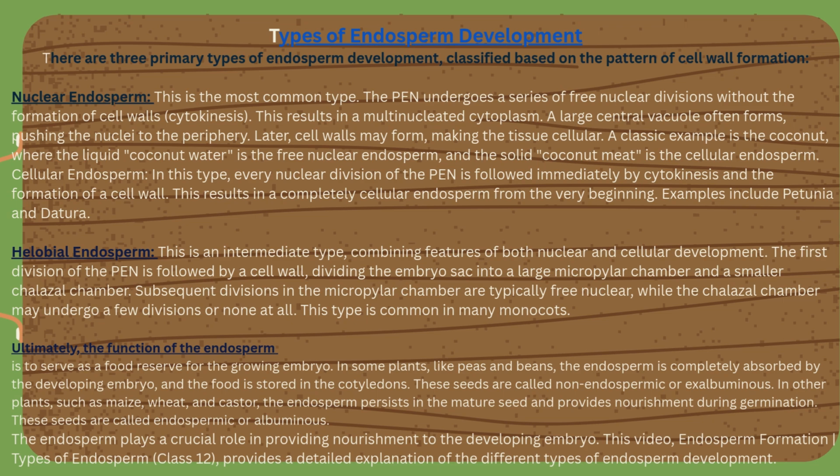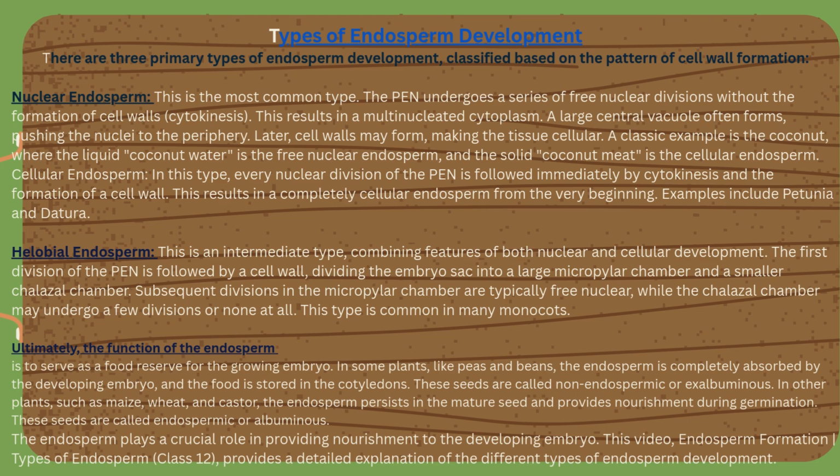These seeds are called non-endospermic or exalbuminous. In other plants, such as maize, wheat, and castor, the endosperm persists in the mature seeds and provides nourishment during germination. These seeds are called endospermic or albuminous.